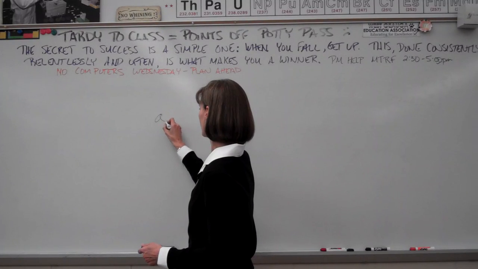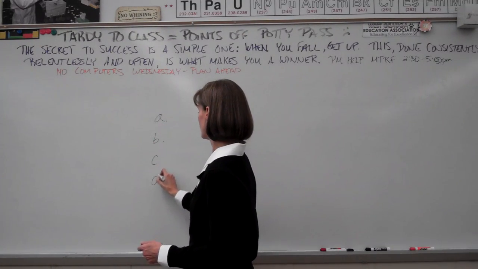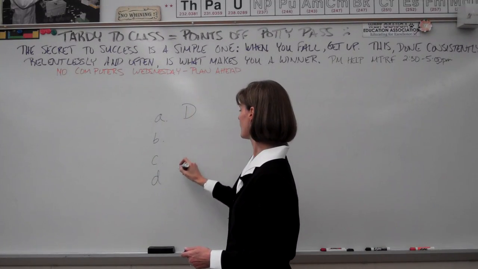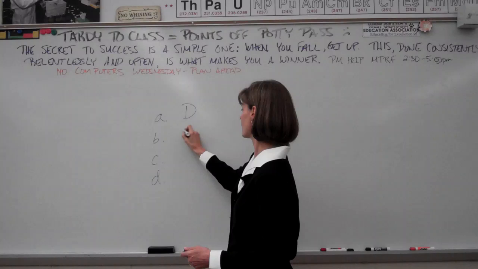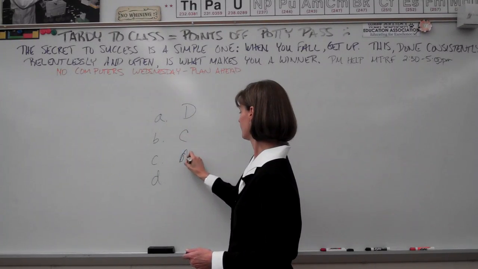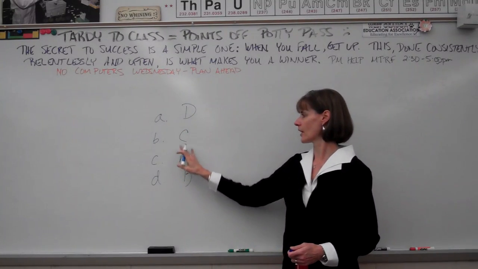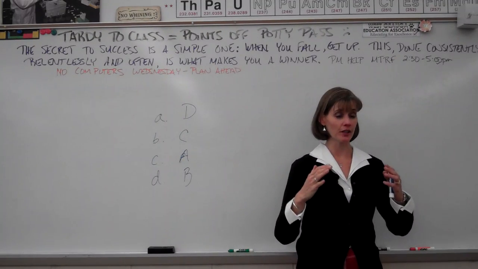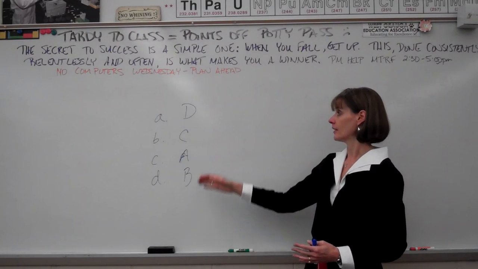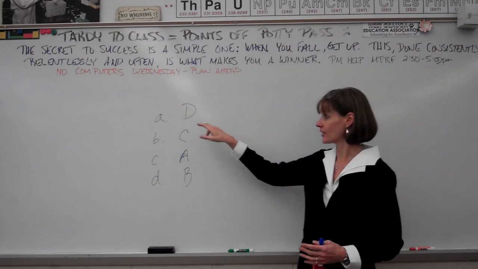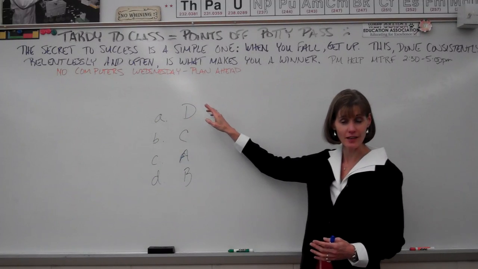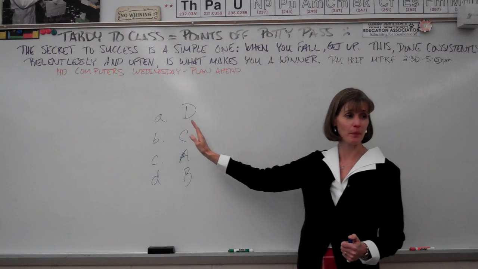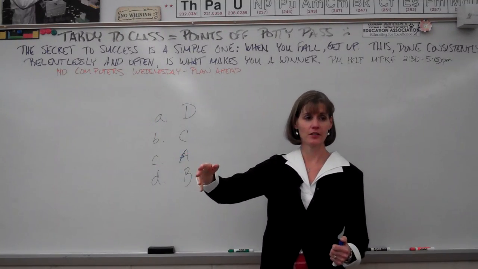Maybe this is D, and this is C, and this is A, and this is B. See how that gets messed up? You might know that it's picture D. Don't write down D. Write down answer choice A, because answer choice A is saying picture D. Some of you will get tripped up on that problem for unnecessary reasons.